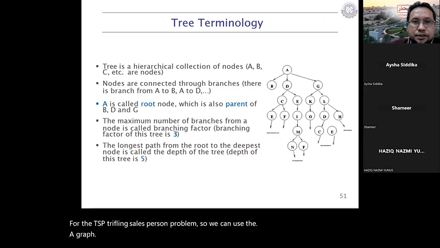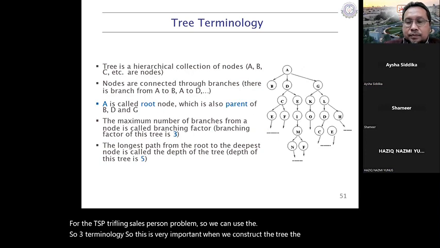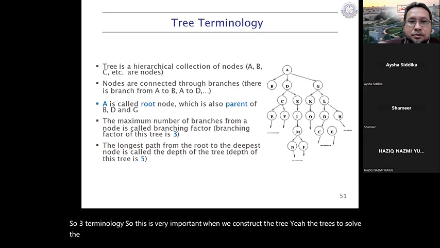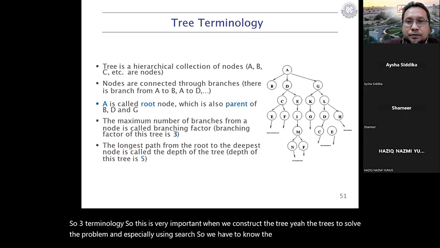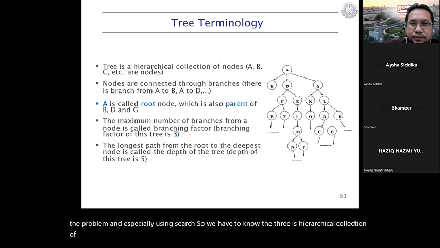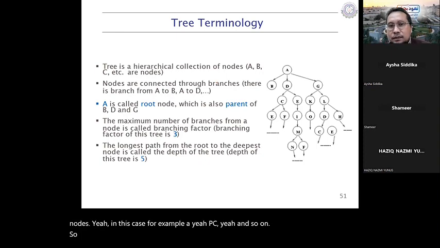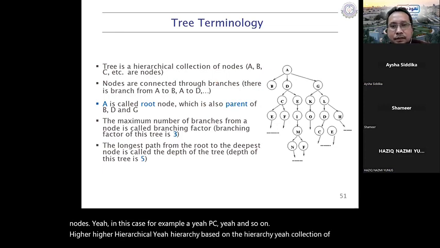So, tree terminology. This is very important when we construct trees to solve problems, especially using search. We have to know the tree is a hierarchical collection of nodes, in this case, for example, A, B, C, and so on. Based on the hierarchy, it is a collection of nodes, and nodes are connected through branches.